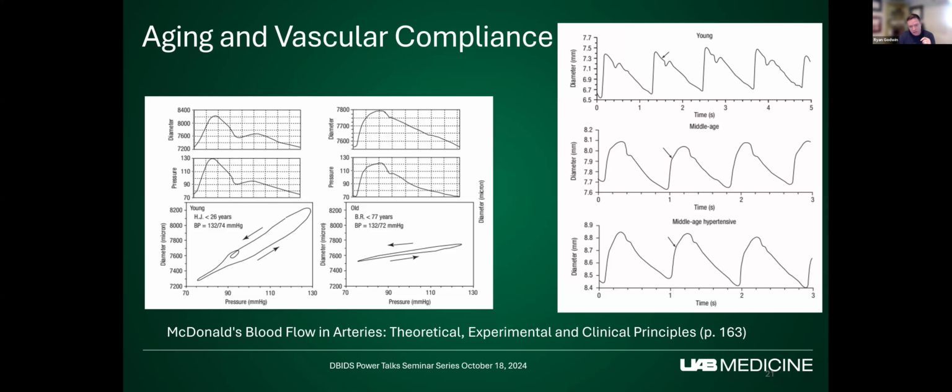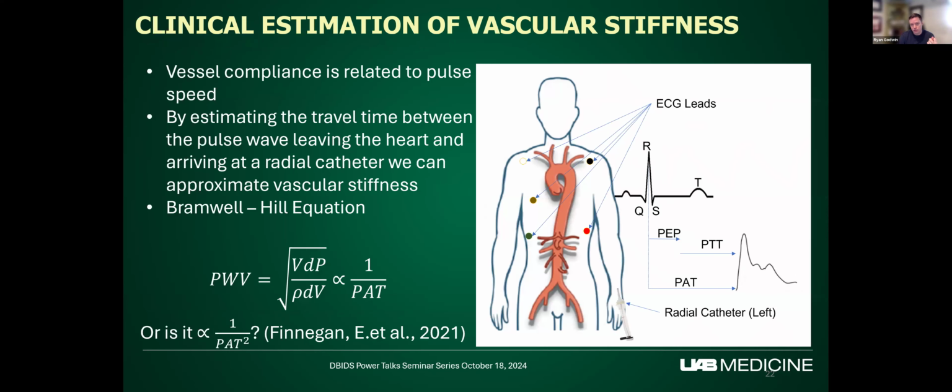And you can see in the figure on the left, we have large diameter changes over pressure changes from about 75 to 130 for a young person, 26 years old. And then on the right, 77 years old, we see much, much smaller changes in the diameter. And so this idea is what we want to use to try to estimate people's vascular stiffness.